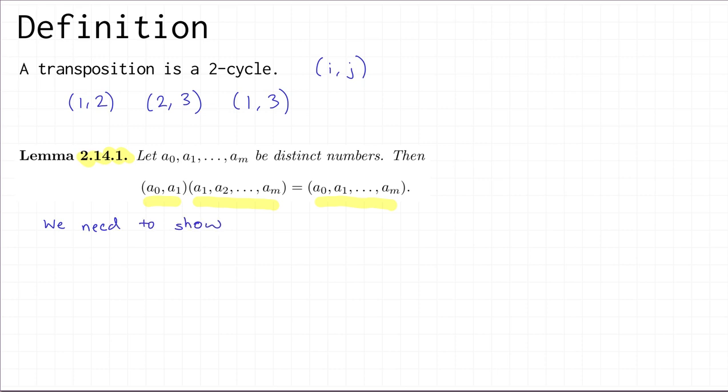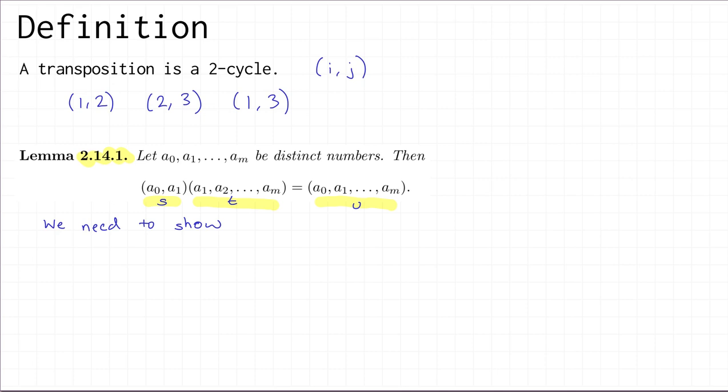So we need to show that what? Well, let's give these things some names. Let's call this thing here S, this thing here T, and this thing here U. So S is the two-cycle, the transposition, (a0 a1). T is the m-cycle (a1 a2 a3 up to am). And U is the (m+1)-cycle (a0 a1 up to am).